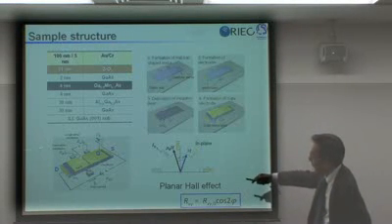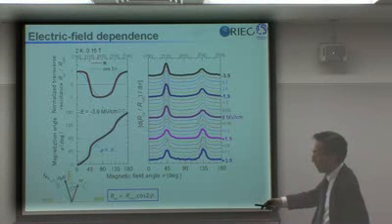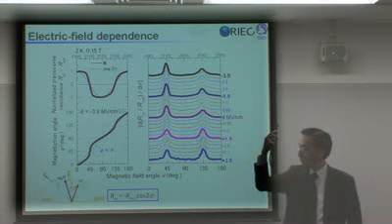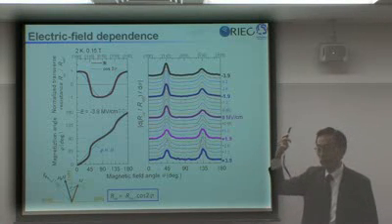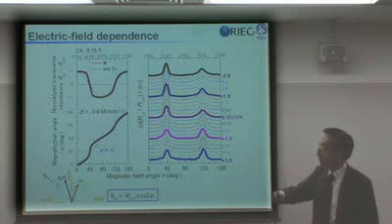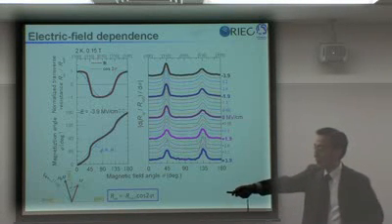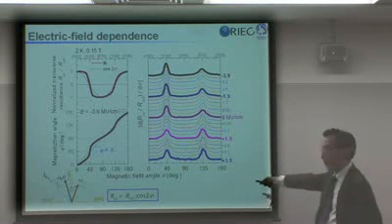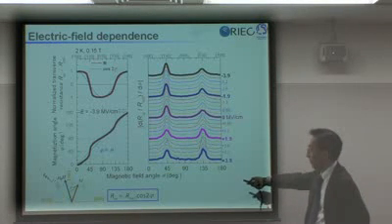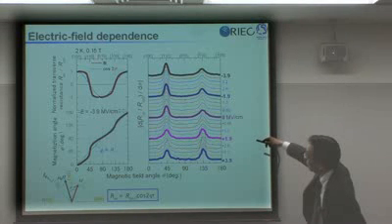We first apply magnetic field in plane. We have in-plane magnetic field, and we rotate it about the perpendicular axis, or axis perpendicular to the sample. So we rotate the magnetic field. If you have no magnetic anisotropy, your magnetization closely follows the direction of the field. So what you expect is this cosine 2 theta.